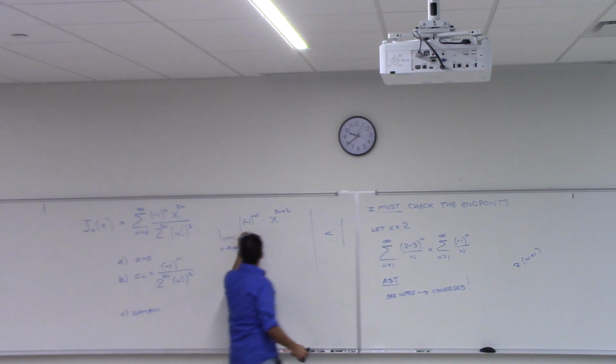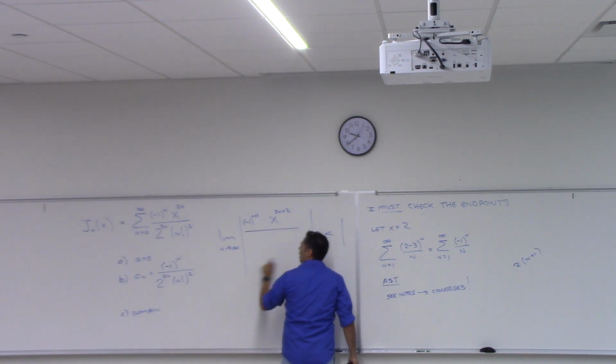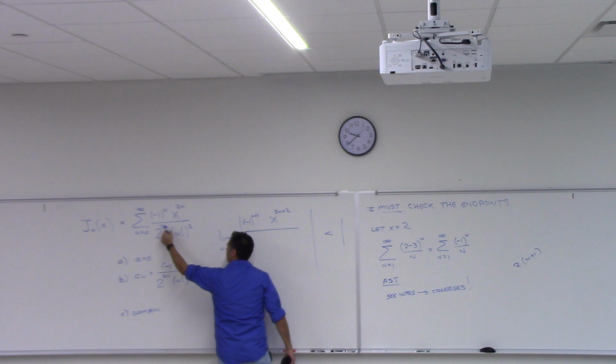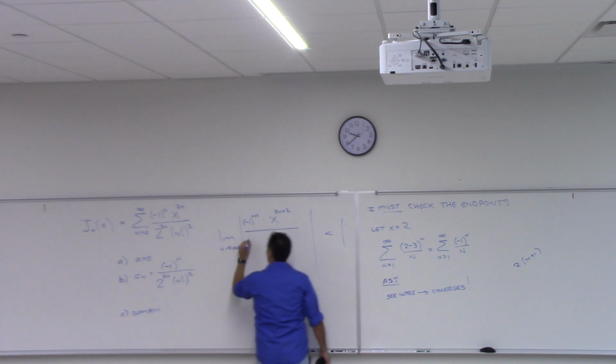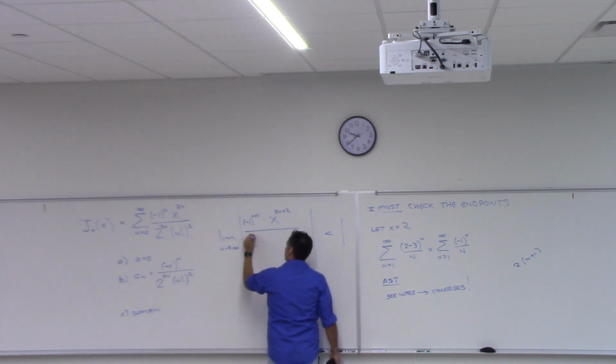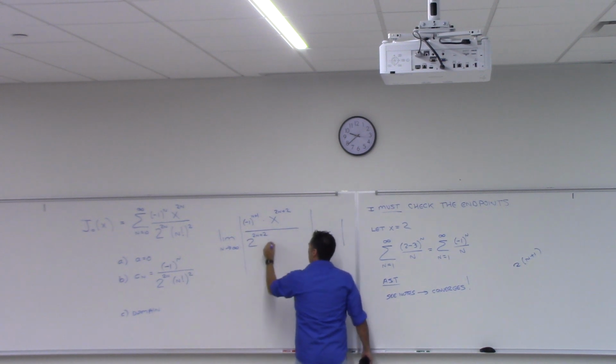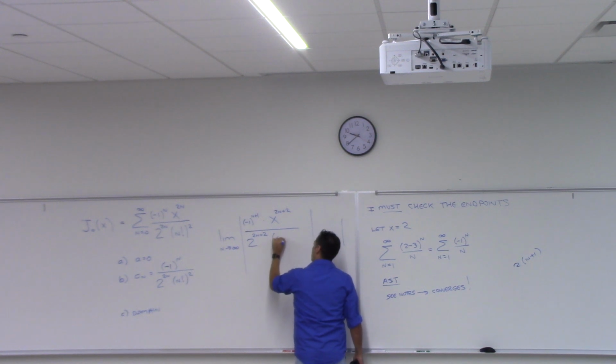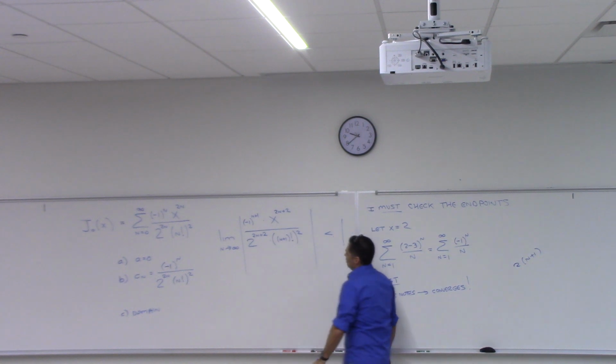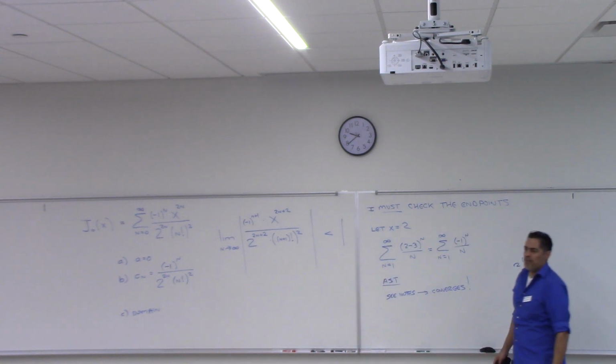Over, okay, 2 to the 2, replace that with n plus 1, then distribute the 2. So 2 to the what? 2n plus 2. And then in here, watch the way I write this, n plus 1 factorial squared.